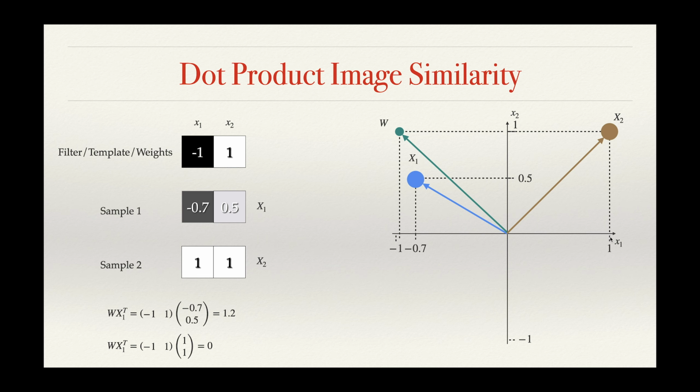So the dot product, as I said, is similar to the cosine similarity, because the cosine similarity is the dot product divided by the multiplication of the magnitudes. If we ignore the magnitudes, the dot product and the cosine similarity are the same. Especially in this kind of space between -1 and 1, the dot product and cosine similarity are very similar. And when we talk about cosine similarity, as I said, the smaller the angle between two vectors, the more similar they are. For example, here we have this small angle between w and x1.